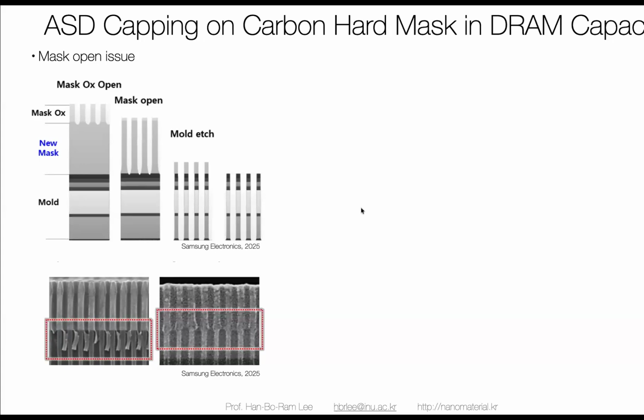But that is very challenging because the etching rate of the etching mask is not unlimited. Because of that, there are a lot of problems. So Samsung Electronics suggested a new mask, but they still have a lot of trouble. There is some residue inside of the structure.